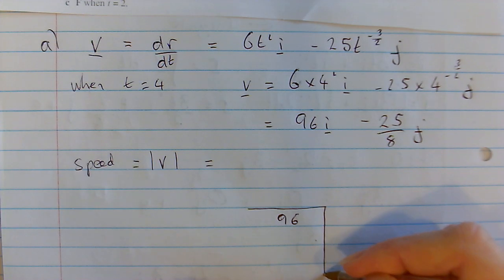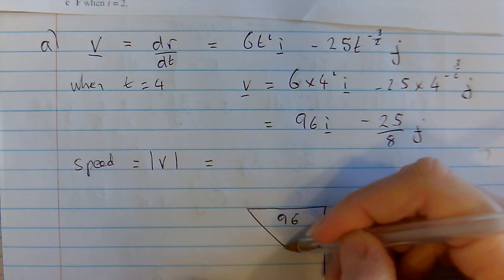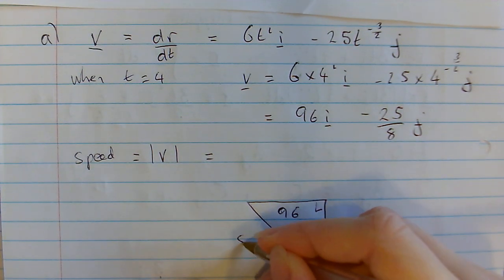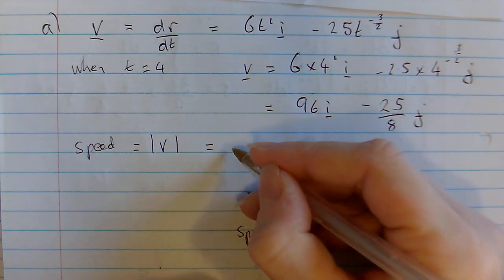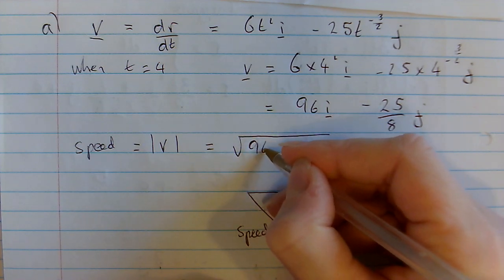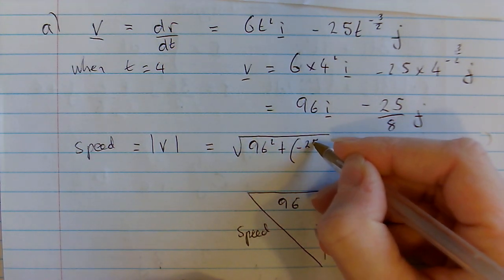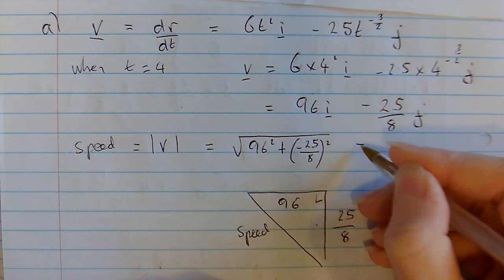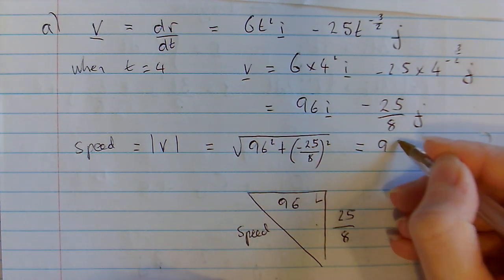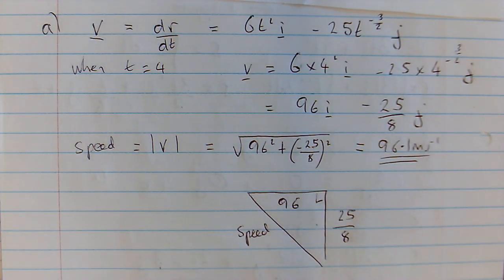And then you've got 25 over 8 in the j direction. And then speed would be this side of the triangle. So that's why I'm using Pythagoras. Okay, so I'm going to do the square root of 96 squared, finding the magnitude, plus minus 25 over 8 squared. And that comes to 96.1. So the speed is 96.1 meters per second, to the minus 1.